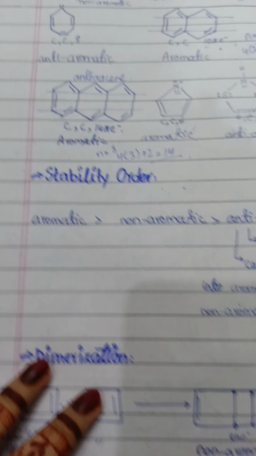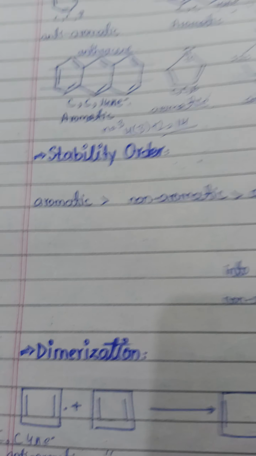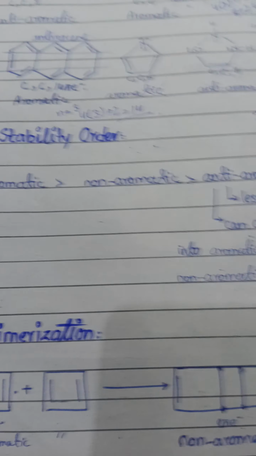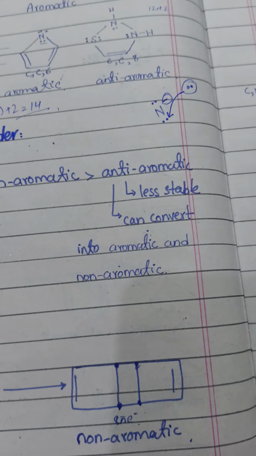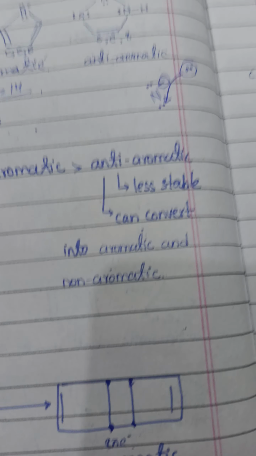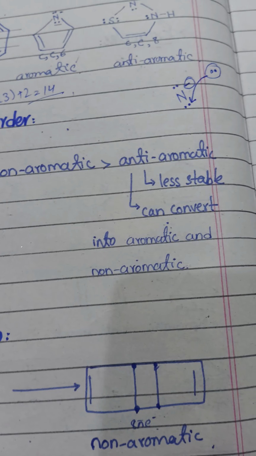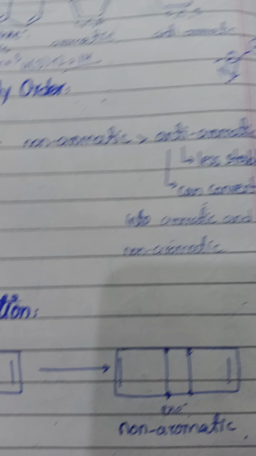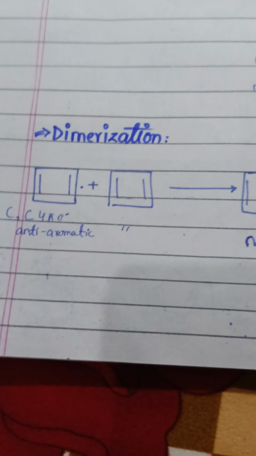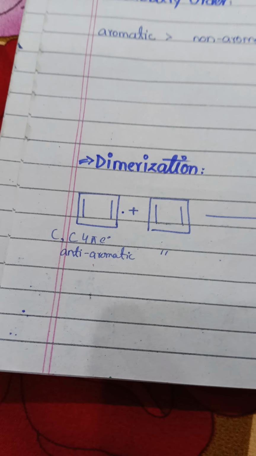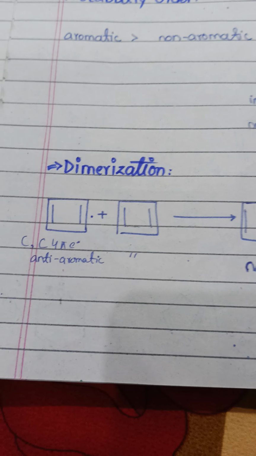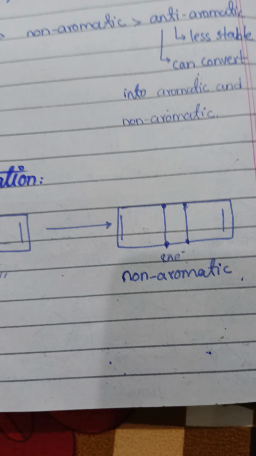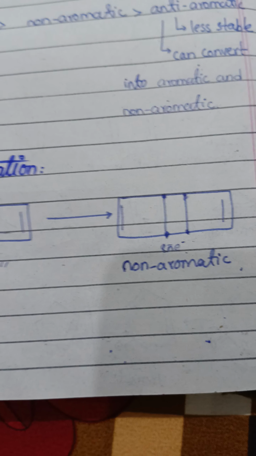Now we have the stability order. First of all, the most stable compounds are the aromatic, then we have non-aromatic, and then anti-aromatic. Anti-aromatic compounds are least stable, so they convert themselves into non-aromatic and aromatic compounds. Now how do they transform themselves? For example, this is an anti-aromatic compound. It combines with its similar structure and forms this structure, and it becomes non-aromatic.